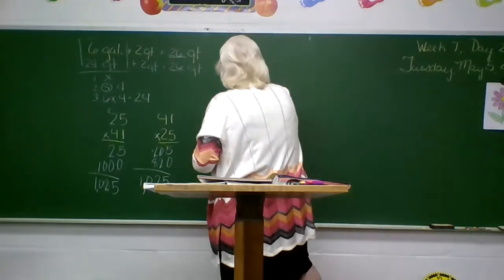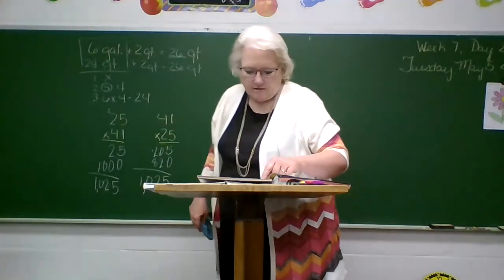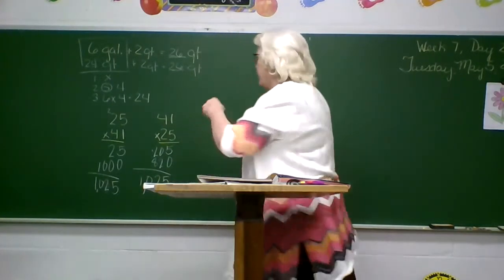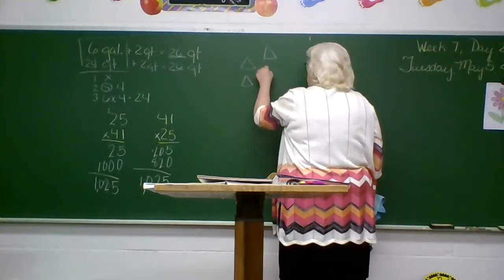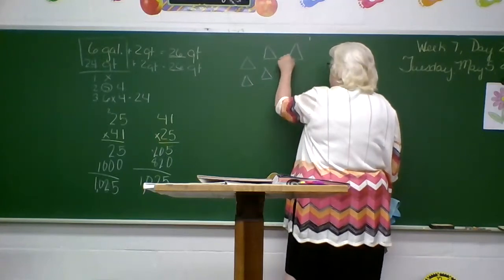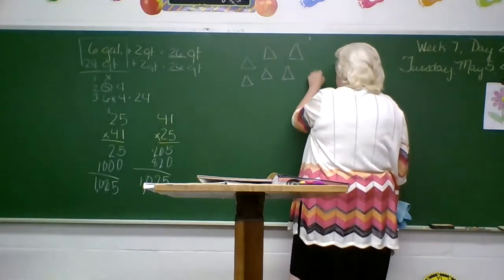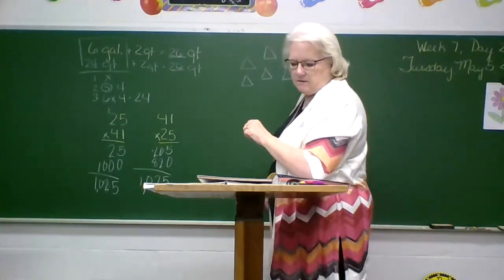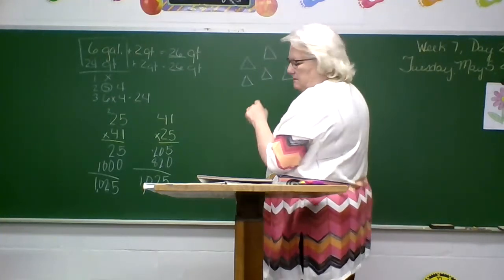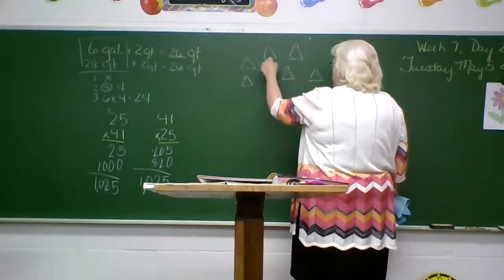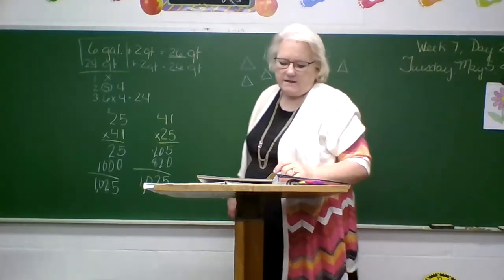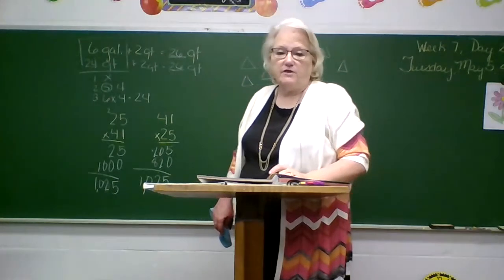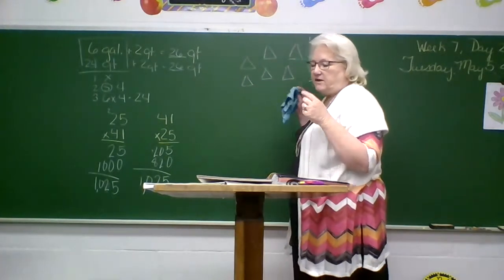Now, number 8, it says circle the fractional part. All right, we see triangles. How many triangles are there? There are 9 triangles. Let me get some triangles up here. One, two, 6, 8, 9. Okay. They want us to circle 1/3 of the triangles. That means we need a group.